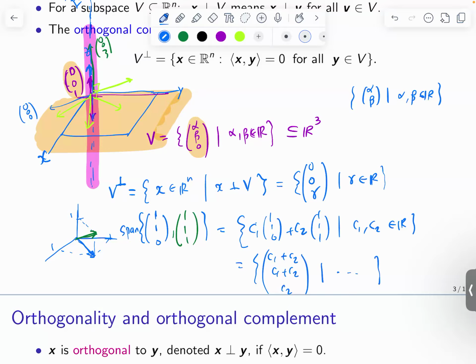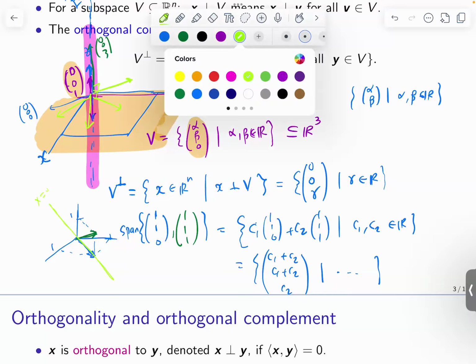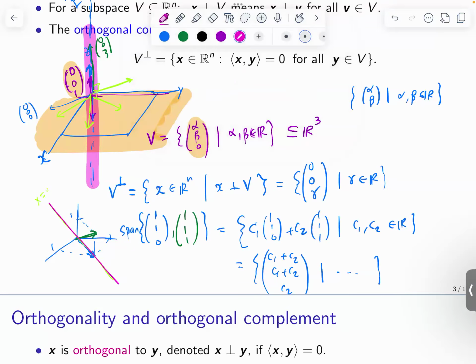So you can see or argue for yourself that the first two coordinates will always be the same, so they can't be different. And then the last coordinate can just be free. So what happens is you're going to have this x equal to y line, and then you extend it in the z direction.